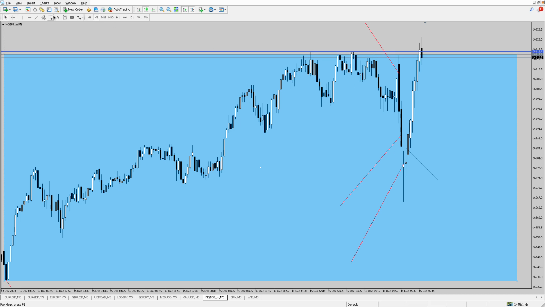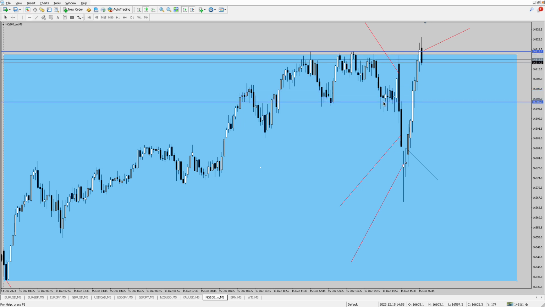Okay, so I'm gonna wait and see what's gonna happen at the top of this range, because I think that probably this price is not gonna have enough juice to get out of this range.